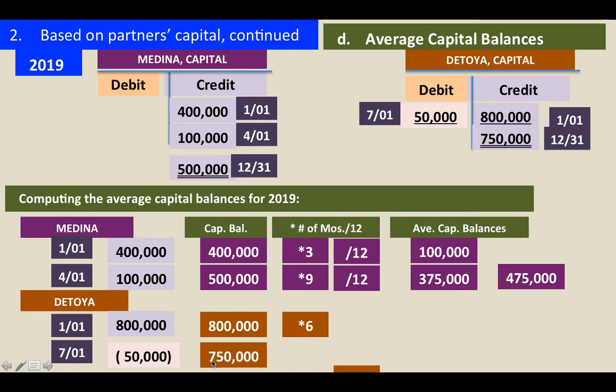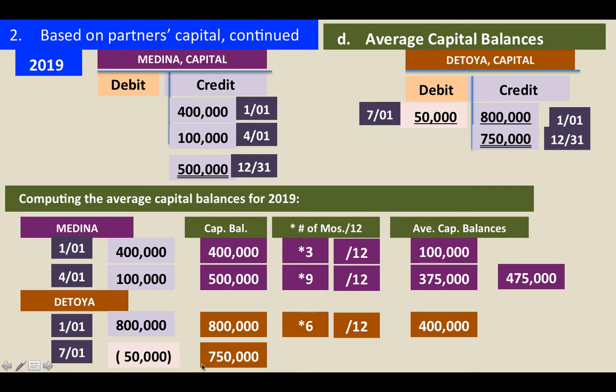So the capital balance is 750,000. Okay? So 800,000, how many months of that? Up to June 30, that will be 6 months. So multiply 800,000 times 6 divided by 12, you will get the average capital balances of 400,000.